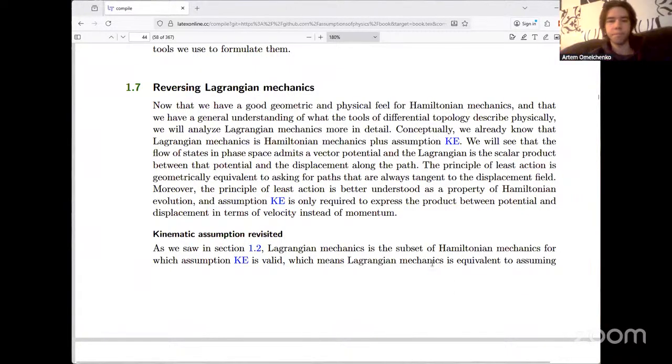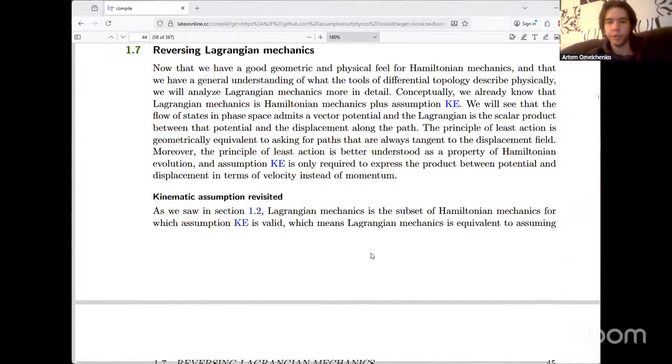Okay, so reversing Lagrangian mechanics. Now that we have a good geometric and physical feel for Hamiltonian mechanics, and that we have a general understanding of what the tools of differential topology describe physically, we will analyze Lagrangian mechanics in more detail. Conceptually, we already know that Lagrangian mechanics is Hamiltonian mechanics plus the assumption of kinematic equivalence.